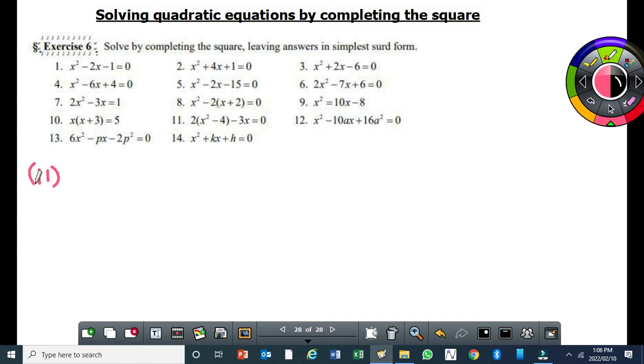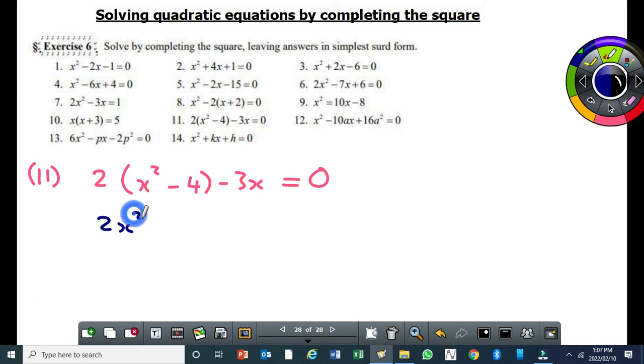Number 11, you have 2 times x squared minus 4 minus 3x equal to 0. Then you remove brackets, and you get 2x squared minus 8 minus 3x equal to 0.